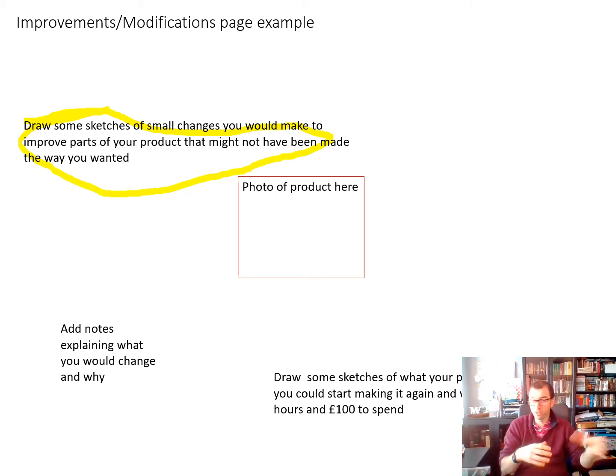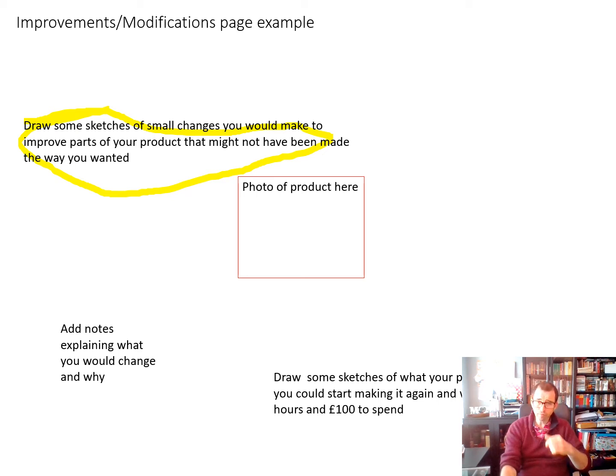As I mentioned earlier, you might put a piece of acrylic over it to cover it up. That might be quite a bit bent, or you might require some screws in a different way. However you're going to make or improve your product, just little diagrams to show different parts of how they could be improved.